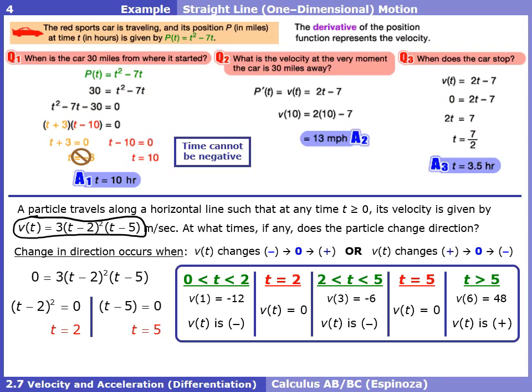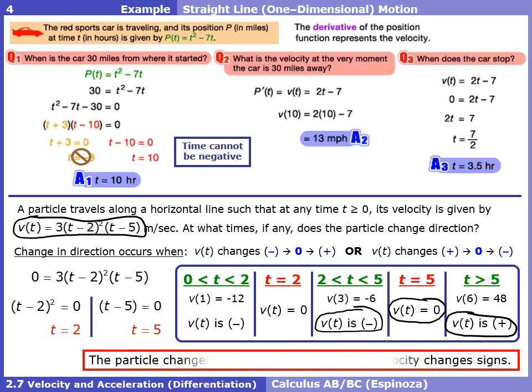Well, yes. We went from negative velocity before, right here. We stopped. And then after the stop, we went to a positive velocity, which means there was a change of direction. The particle changed direction at t equals 5 because velocity changed signs.